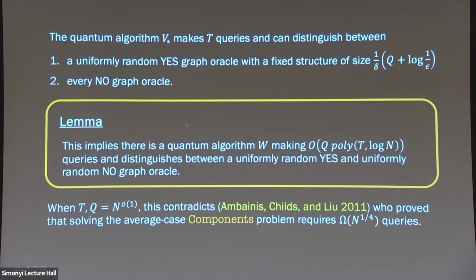It's used in this reduction where you have an algorithm that can distinguish yes instances with the planted structure, and we can turn that into an algorithm that could distinguish one without the planted structure. Essentially we randomly plant that structure in an arbitrary yes instance. And what is expansion for? We have to sample where we want to plant that graph. So we pick a random point and we hope that it's in one of the components. We do a random walk, we plant, and then we pick another random point, do a random walk and plant.